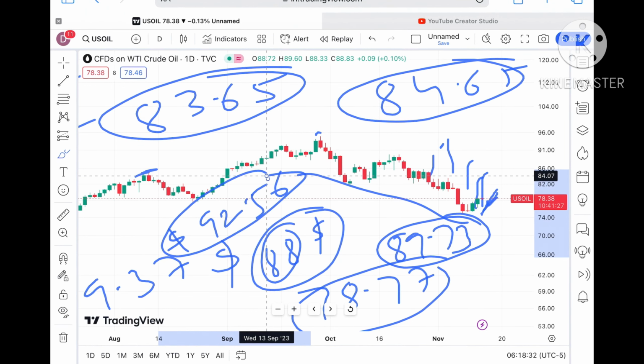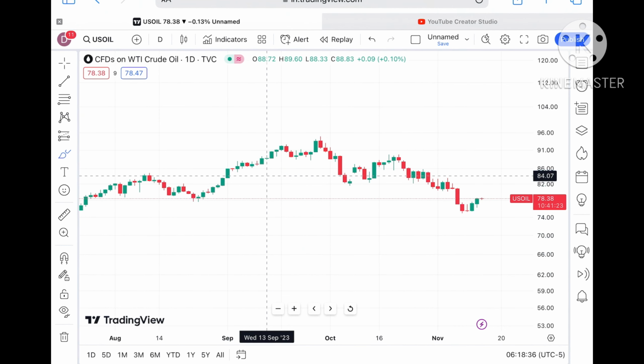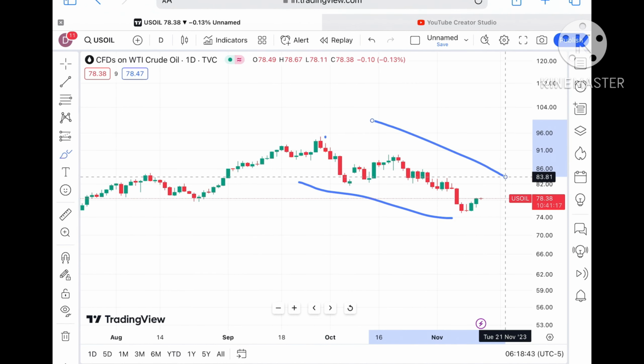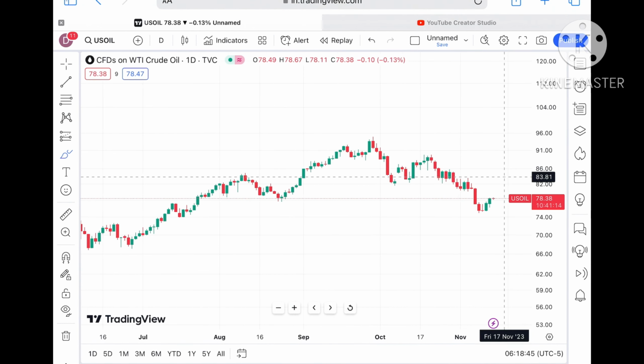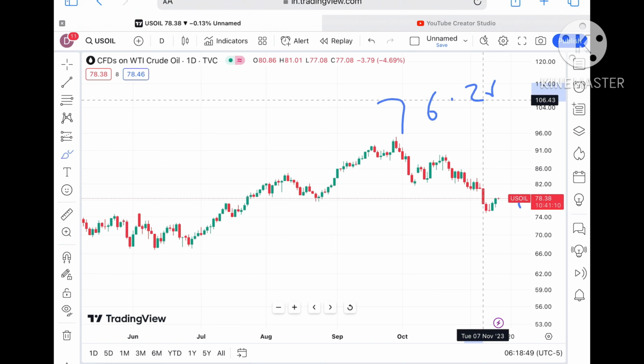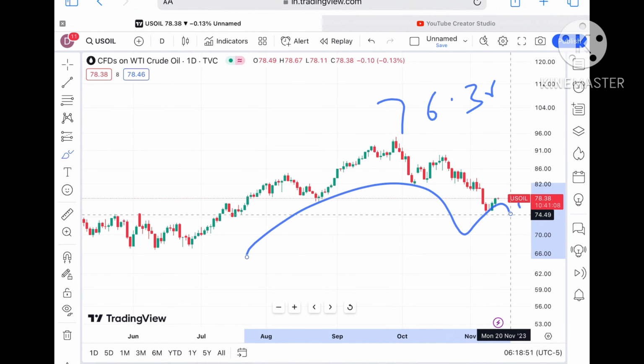You have to understand the overall trend is downside on a weekly basis also, because it has already made a half around 94.89, and after that there is a continuous fall. If the price starts moving below a level of $76.36, then we can see it will go further down.